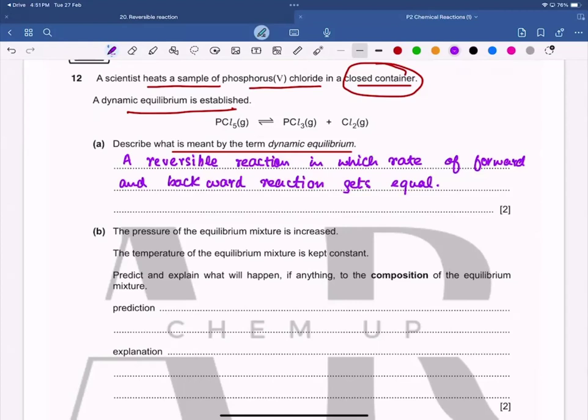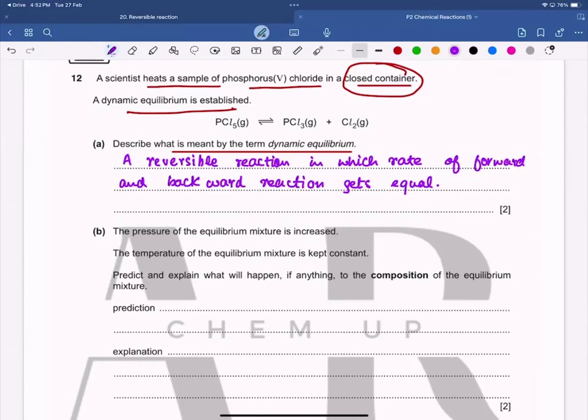Sometimes a student just writes that when the reactants become equal to the products, it's a dynamic equilibrium. No, it's not. You have to specifically state that dynamic equilibrium is the position when the rate of forward reaction becomes equal to the rate of backward reaction. That is dynamic equilibrium. Is this clear to all of you?